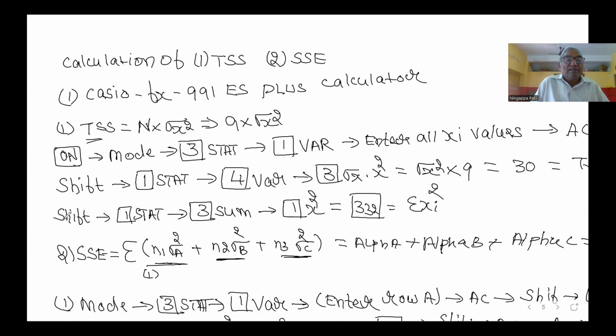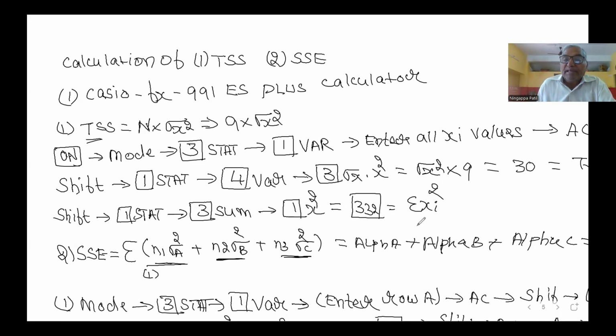Then you want the summation of xi square. All the values are there in calculator memory. Again AC button, then shift button, one button, that is the stat button. Then you press the third button, sum. After pressing the third button, summation of x and summation of x square are coming. You want summation of x square, that is one button. You press the one button and equal to button. 255 is coming.